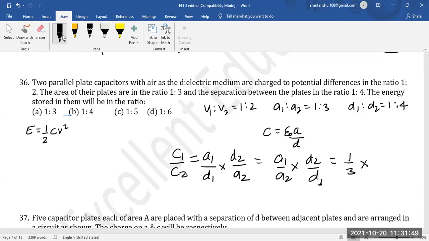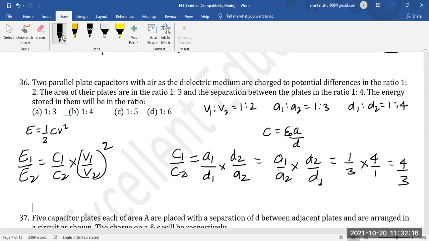And D2 by D1 is 4 by 1, so C1 by C2 is 4 by 3. So the energy stored, E1 by E2, is C1 by C2 into V1 by V2 whole square.